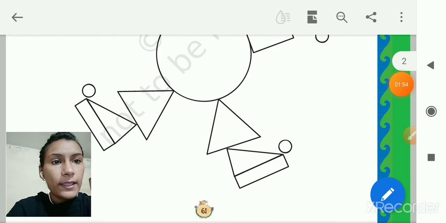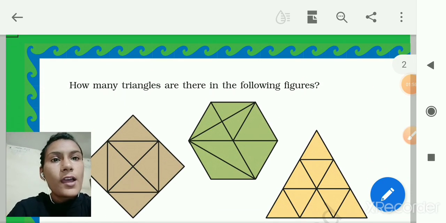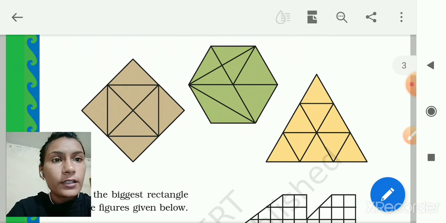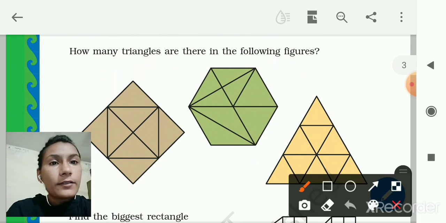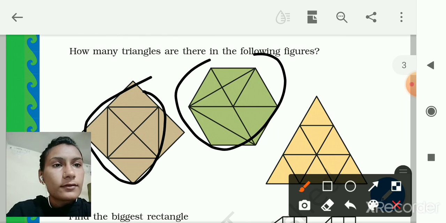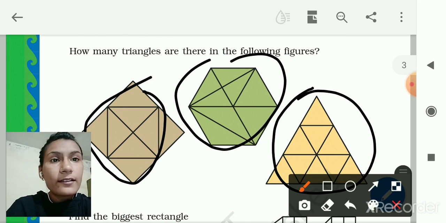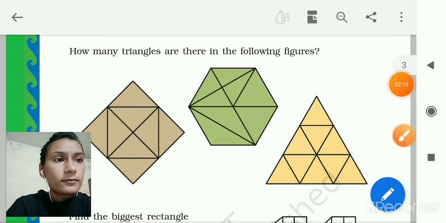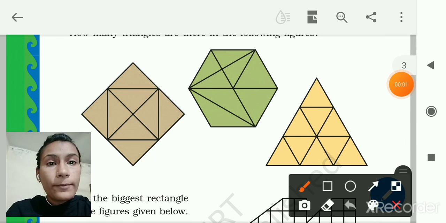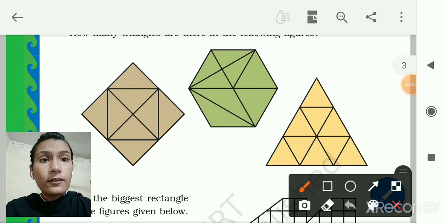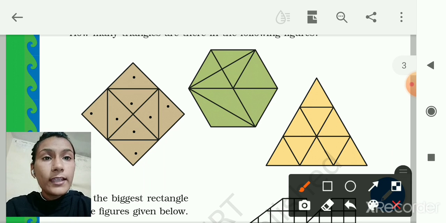The next page. How many triangles are there in the following figures? So here you can see these figures. So how many triangles are there? Let's count how many triangles are there in this figure. 1, 2, 3, 4, 5, 6, 7, 8.